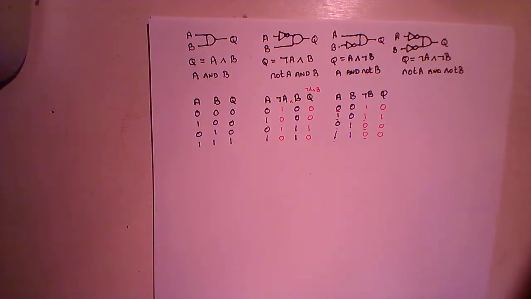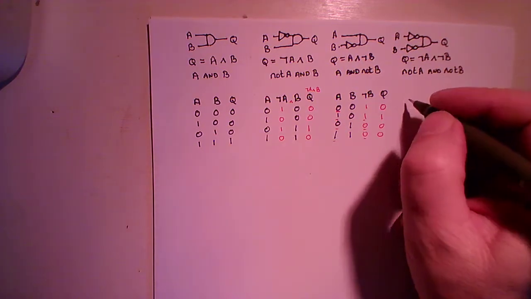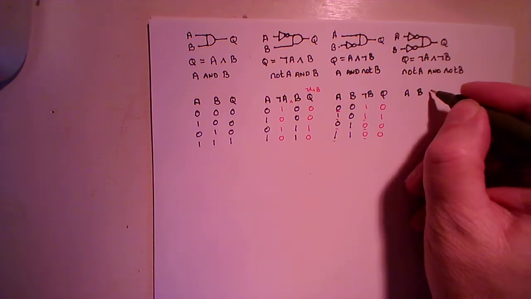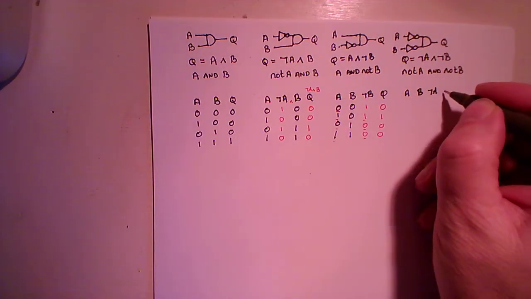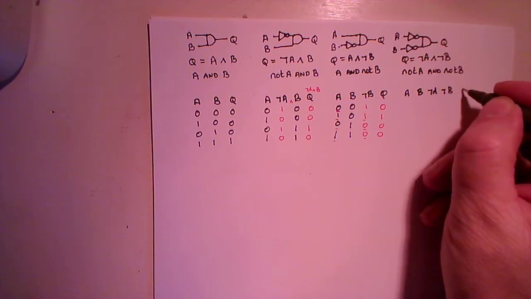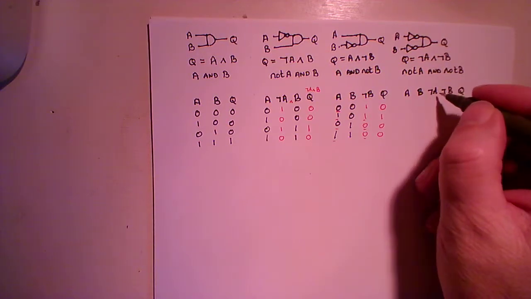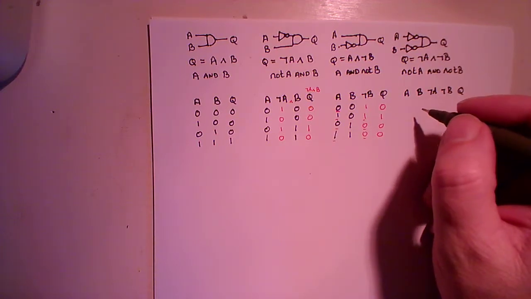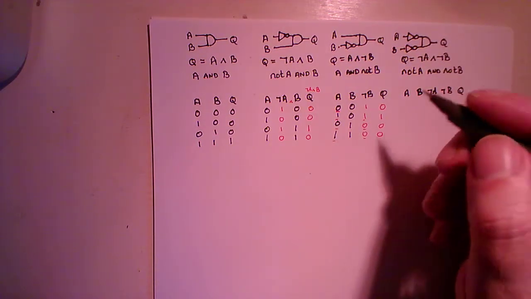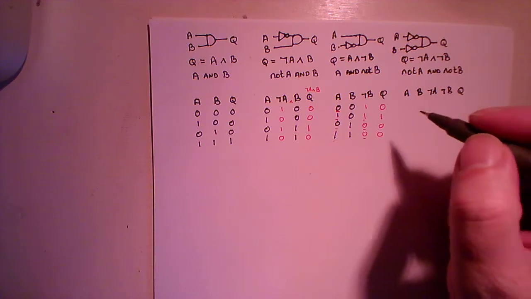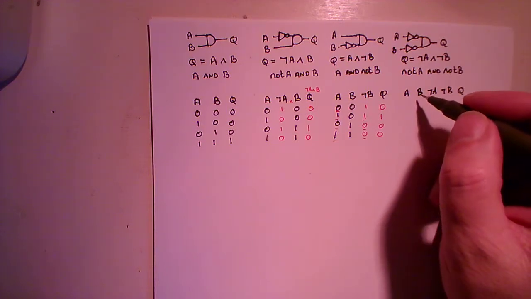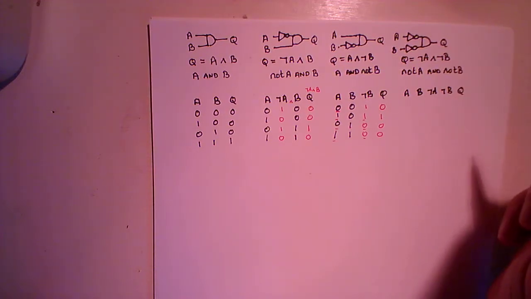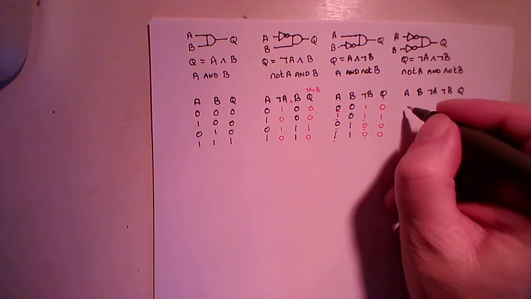And finally, let's take a look at this one, where both of them are NOTed. So let's do that one, NOT A, NOT B, and Q. You don't need to do this step, but it may help you to do so. I find it, particularly when we've got more than 3 or 4 inputs, when we're doing the truth table, is to work on 2 things at a time and produce a result and then work from the result. It's much easier.